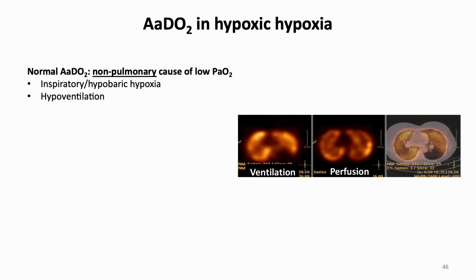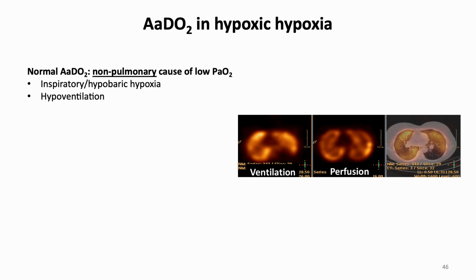So in a patient with a normal ADO2 and a reduced PaO2, one must, in the normal clinical setting at sea level, consider whether the patient is actually hypoventilating, for example, due to CNS affection, impaired consciousness, poisoning, something like that.